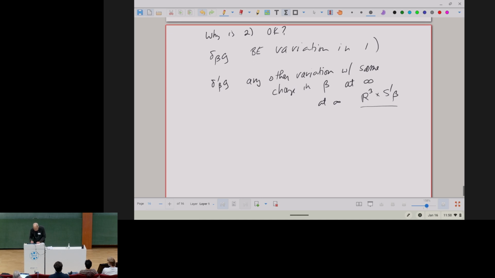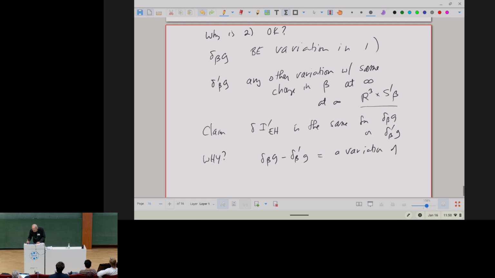So I claim that the variation of the improved action is the same for delta beta g or delta prime beta g. Why is that true? Well, it's true because delta beta g minus delta prime beta g is a variation of the metric with no change at infinity.